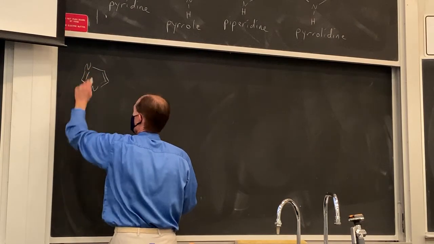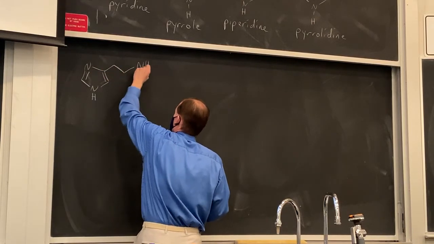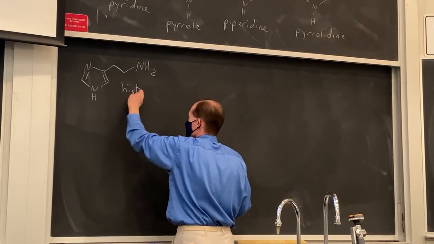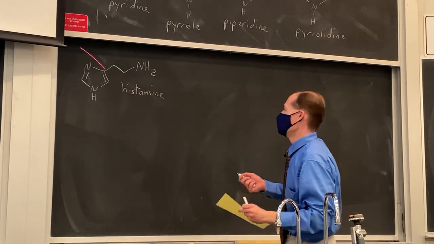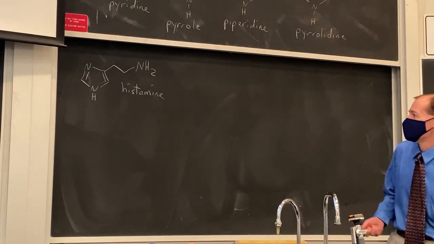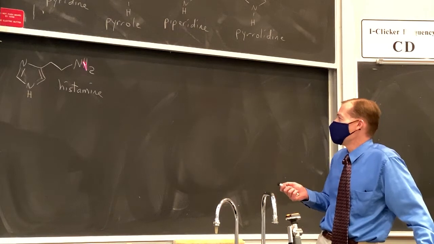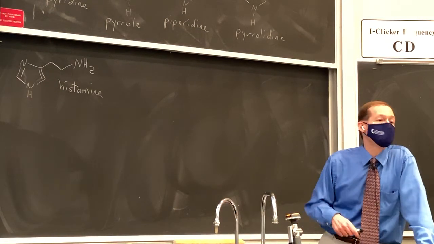There we go. Now I've got it right. So this molecule is known as histamine. The heterocyclic ring is called imidazole, so it's like pyrrole with an extra nitrogen stuck in it. And then you have this ethylamine chain coming off, and that's known as histamine.